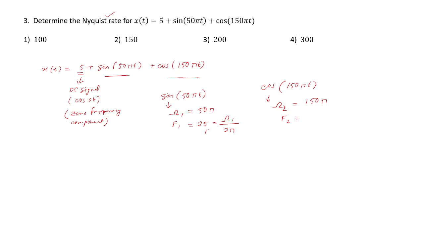Sorry, it has to be mentioned in hertz, and omega is in radian per second. These are really important for understanding. So f2 is 75 Hz.